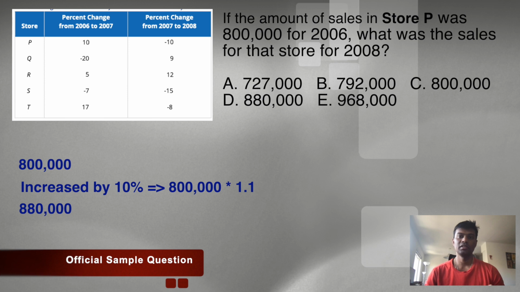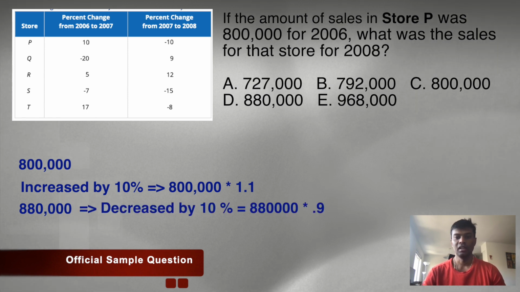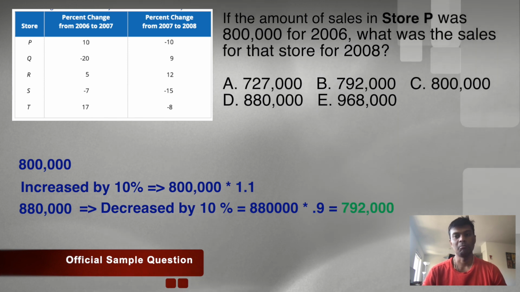Now, from 2007 to 2008, it has decreased by 10%. So all we need to do is multiply it by 0.9, and we get the answer: 792,000. So hence the answer choice is B.